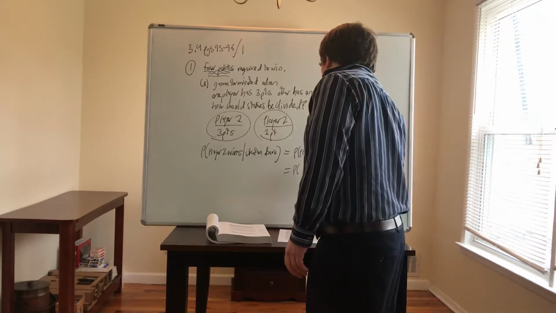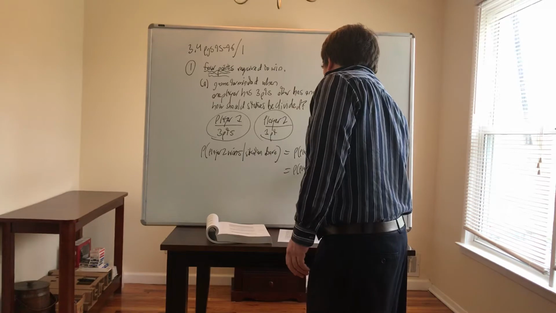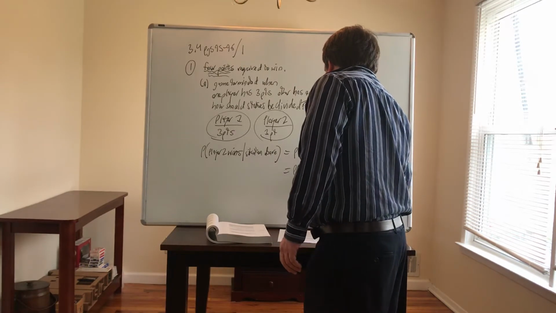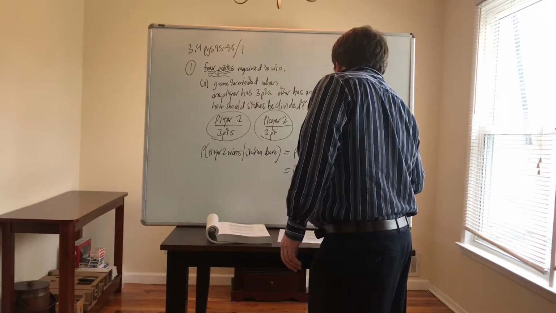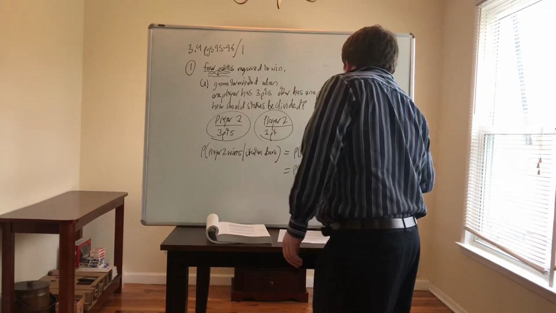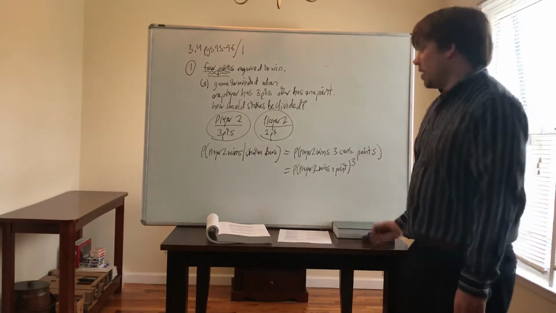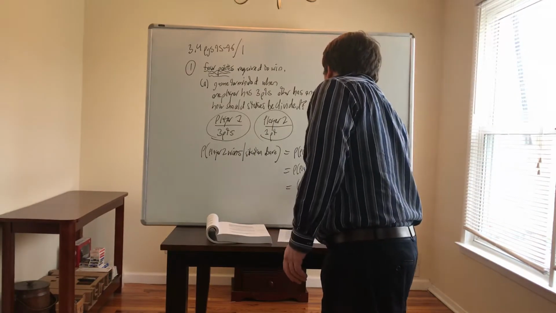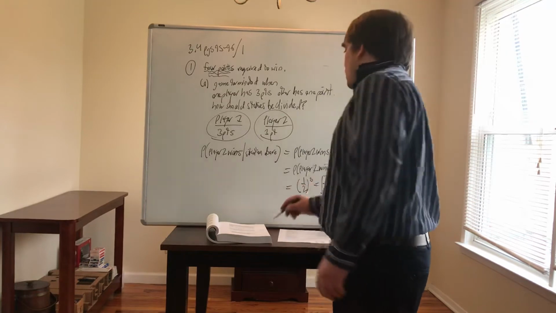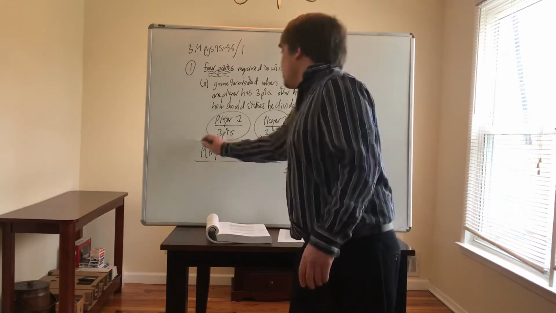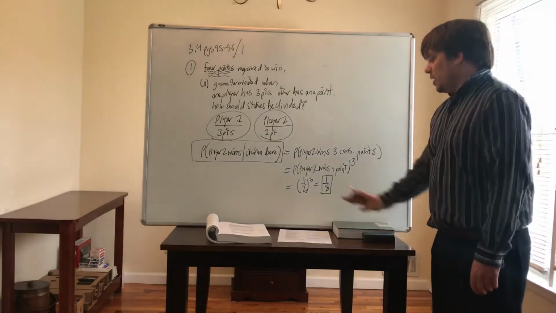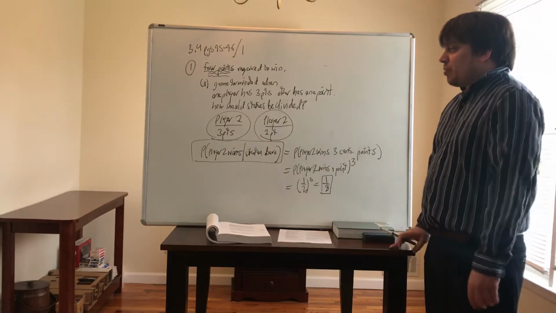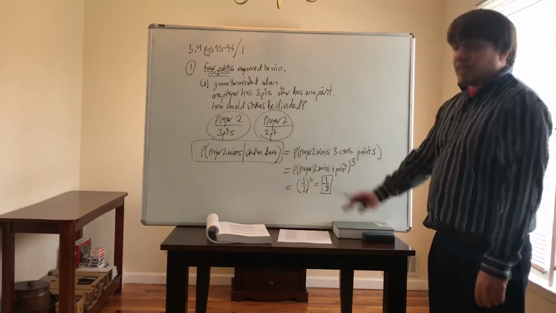It's the probability that player 2 wins a point raised to the 3rd power, because I'm just multiplying that by itself 3 times. That probability is 1/2, so it's 1/2 cubed, which is 1/8. So the probability that player 2 wins in this situation is 1/8. And that means the probability player 1 wins in this situation is 7/8.